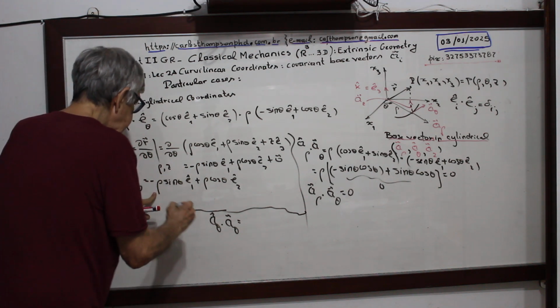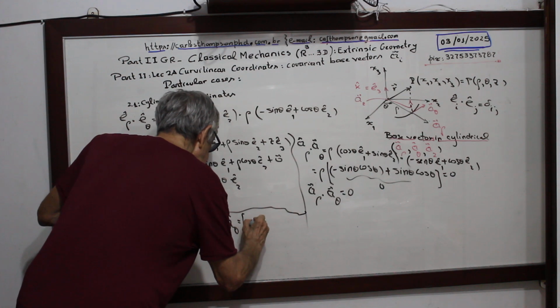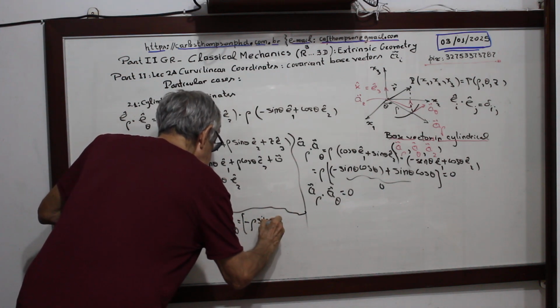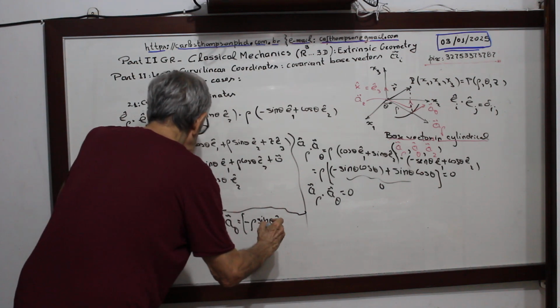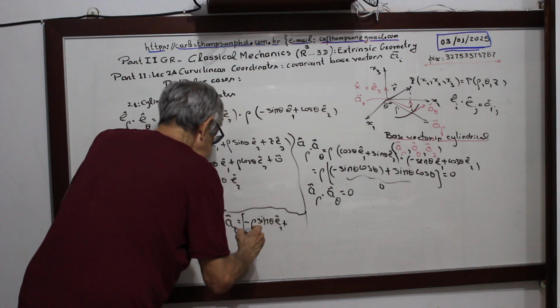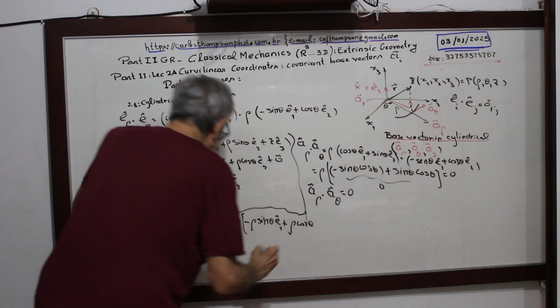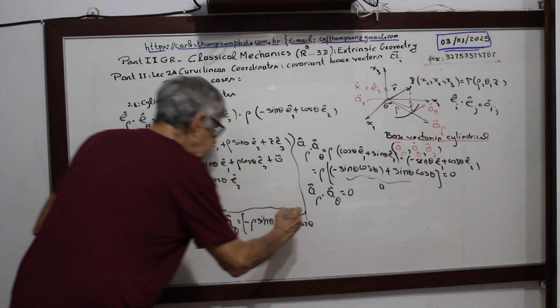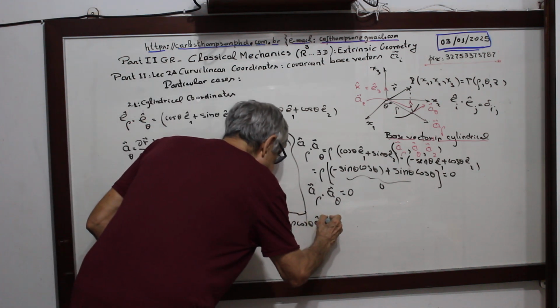A theta will be minus rho sine theta E1 plus rho cosine theta E2, dot.